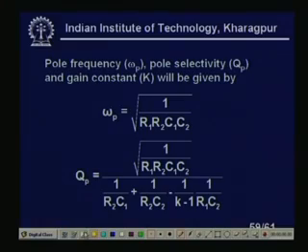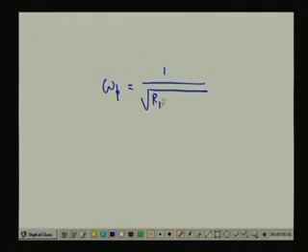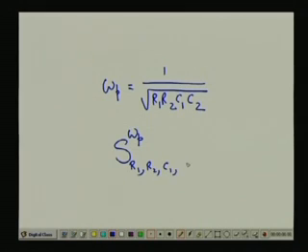Now, I talked about the sensitivity, so let us look at it. Logarithmic sensitivity we should define like this. In many cases we have found that omega p equals 1 upon root over R1 R2 C1 C2, is it not. Now, logarithmic sensitivity is the sensitivity of omega p with respect to R1, R2, C1, C2.